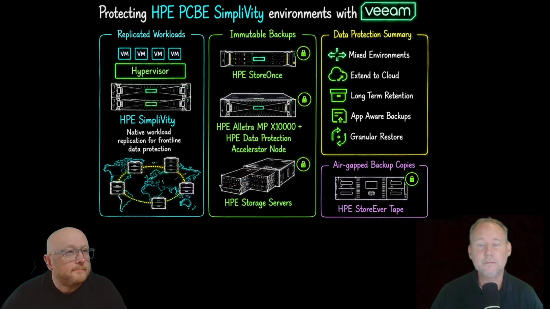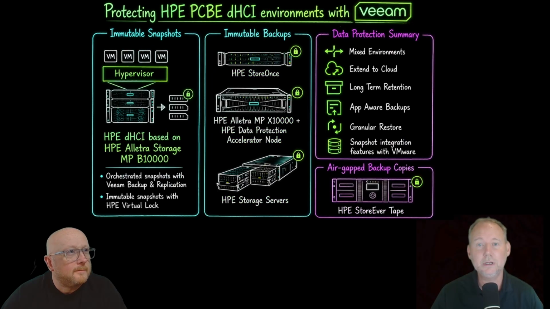And then the disaggregated HCI part of what used to be called Business Edition is now called the PC 3000. And just to differentiate the different use cases that HPE envisions for each one of these solutions, the dHCI environment would be a little more full-featured, a little more scalable.